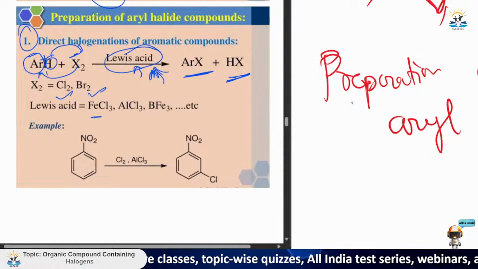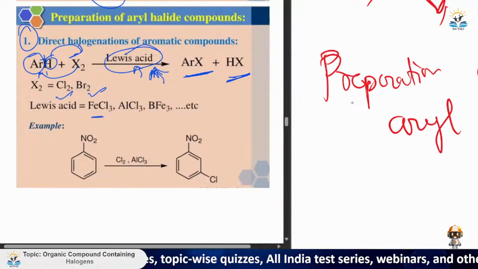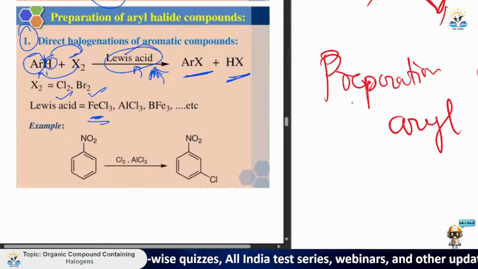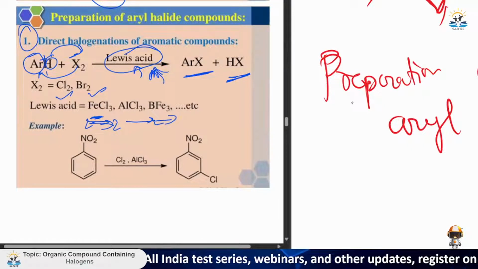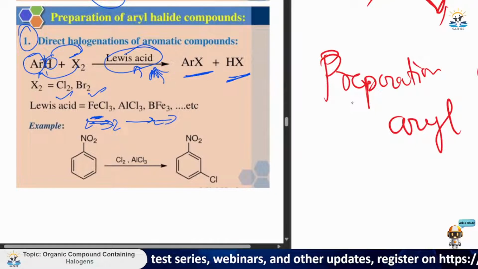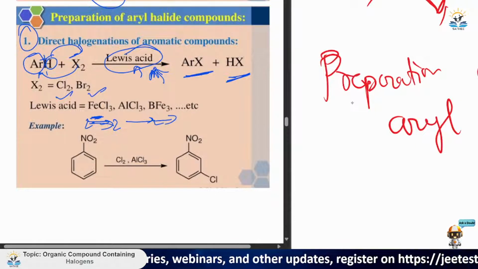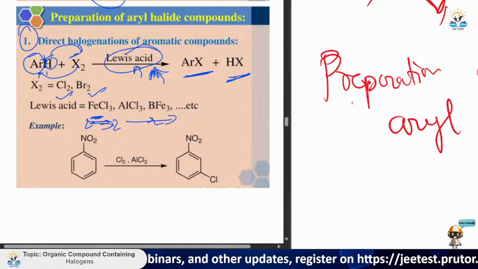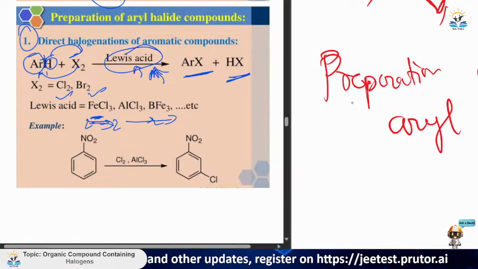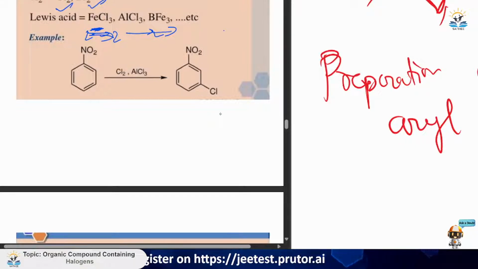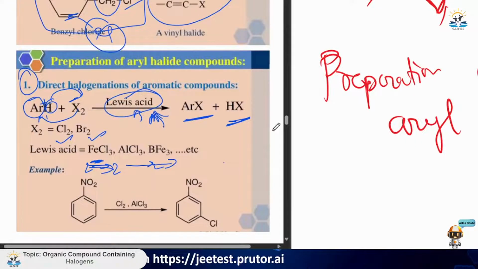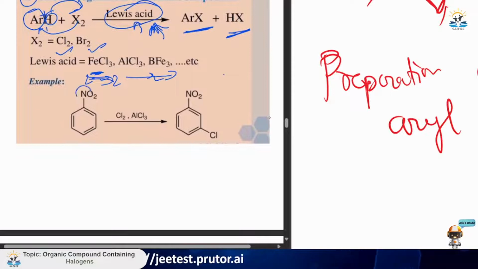Some of the Lewis acids we use are FeCl3, AlCl3 and BF3. Why not fluorine? Fluorine is very small in size, so it will not fit into the aromatic compound. Now, if you want to make this compound by direct halogenation, we also check the NO2 group, whether it is electron donating or electron withdrawing.